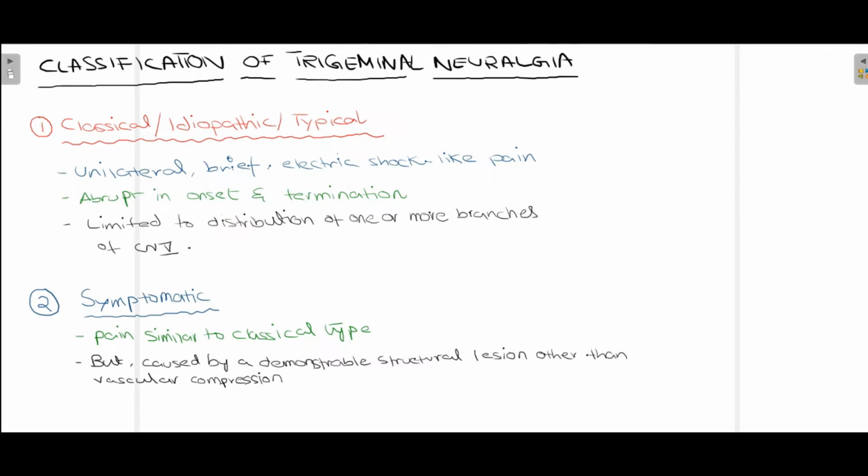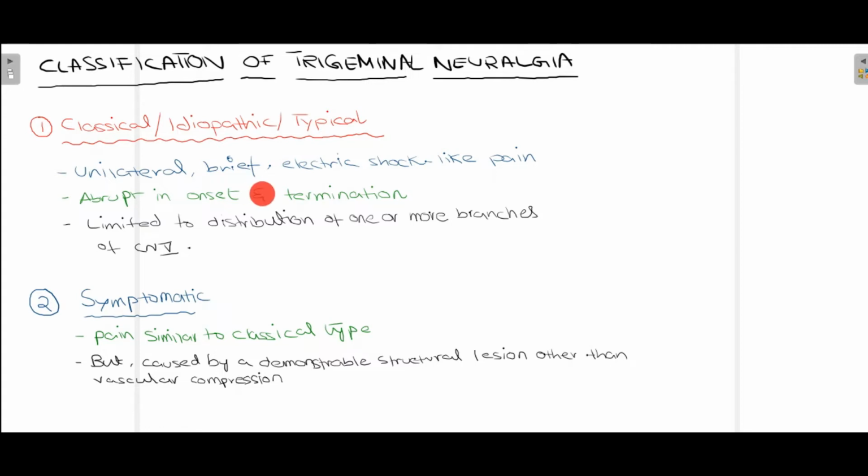On the other hand, the second type is symptomatic trigeminal neuralgia. In this case, the pain is similar to classical trigeminal neuralgia, but it is known to originate from some structural lesion present in the root of the trigeminal nerve.